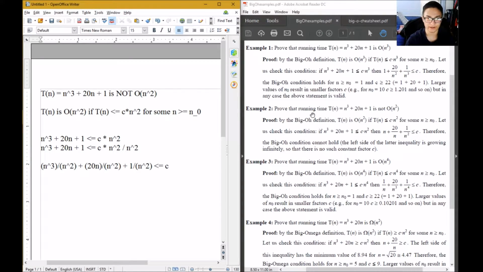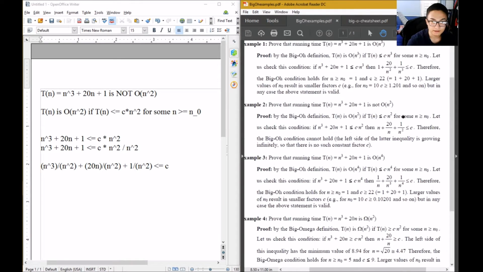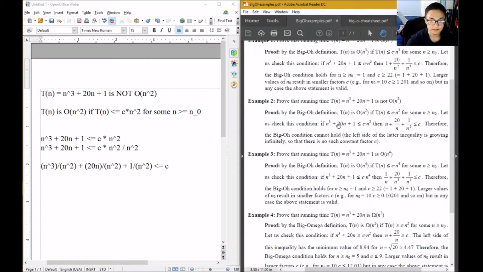And that's what you have here. So it's saying check the condition, do this, and then you have this: n plus 20 over n plus 1 over n squared is less than or equal to c.